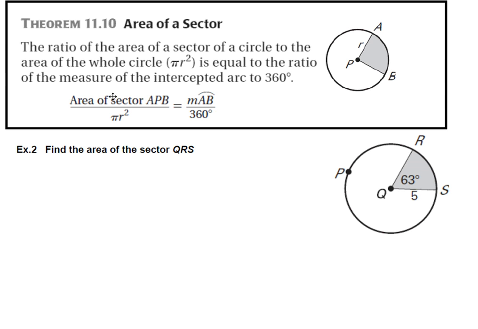We're going to follow that same pattern here. So you're going to divide the area of the sector by the area of the whole circle, pi r squared. Maybe make a little note here that this, in the denominator, is really just the area of the circle.